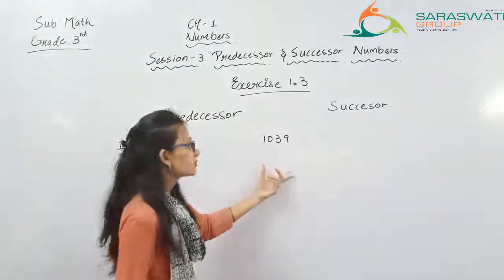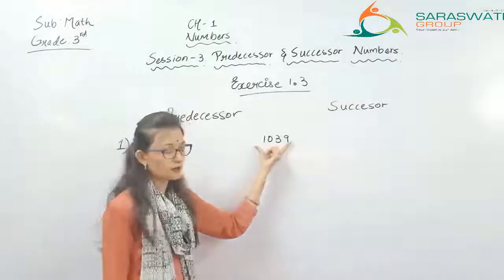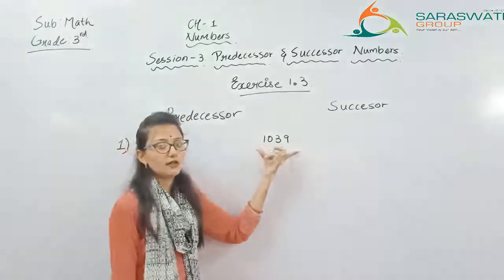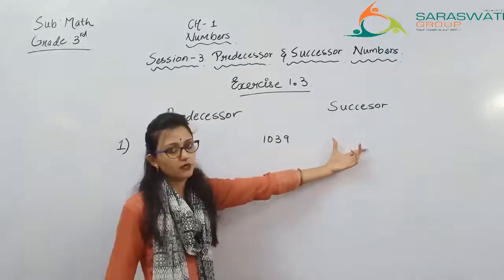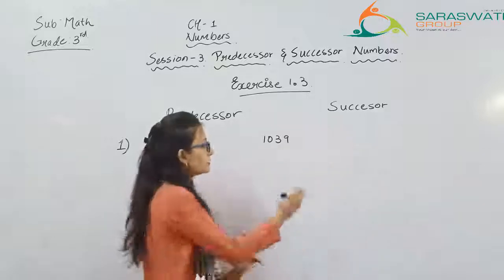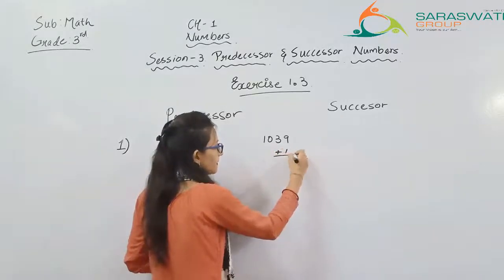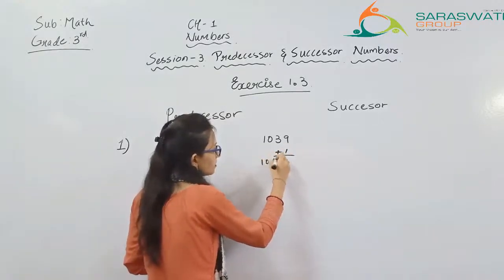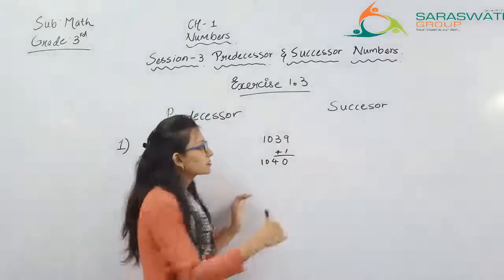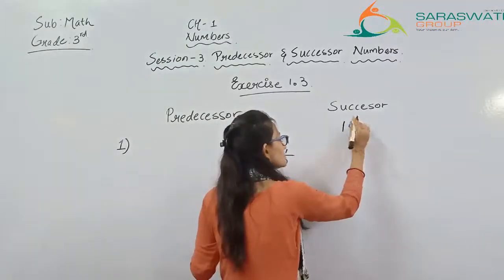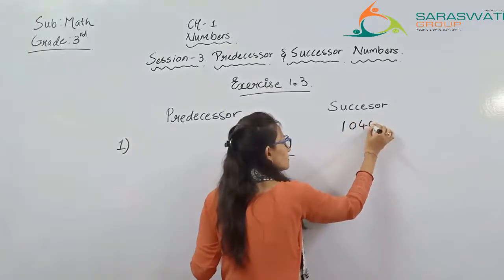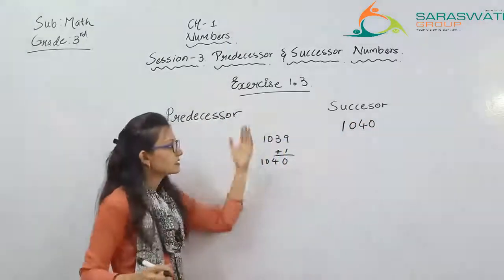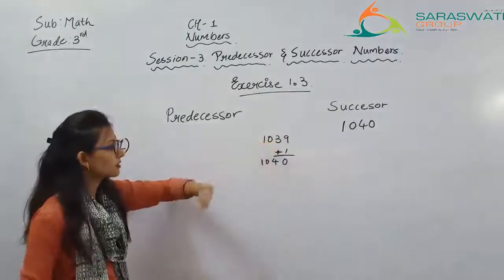I have this number 1039. First I want the successor number, so I will do plus 1. That is 1040. So I will write over here 1040, that is the successor number of 1039.